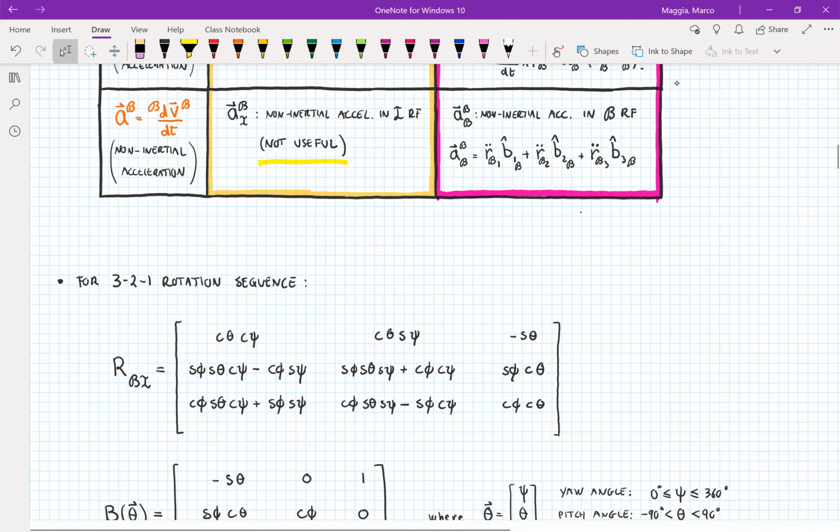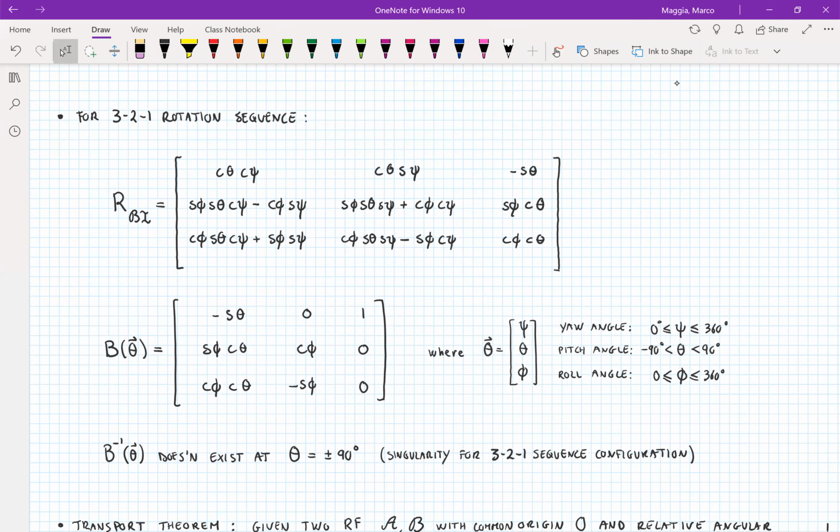All right, so concluding with the recap of what we've seen, an expression for the rotation matrix that takes us from the inertial frame of reference to the body frame of reference is given by this expression over here. This is a particular rotation matrix that refers to the 3-to-1 rotation sequence.